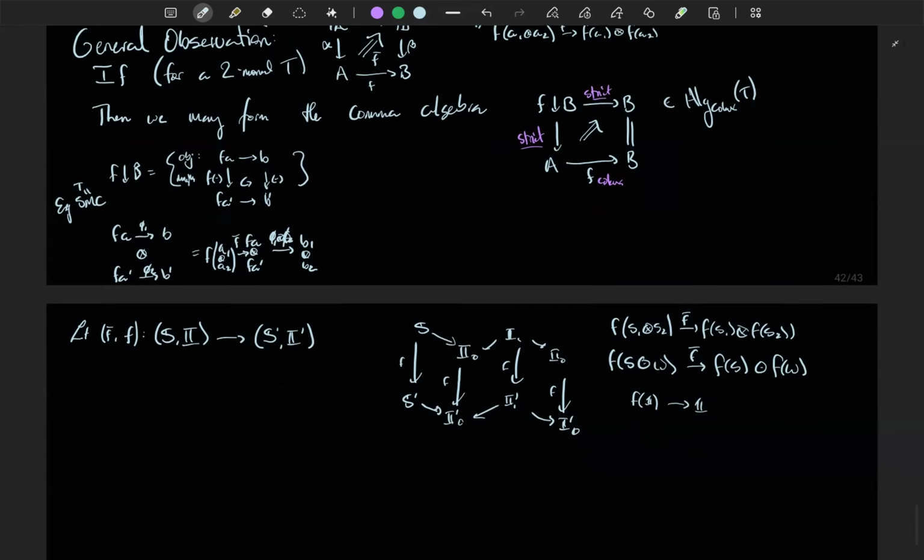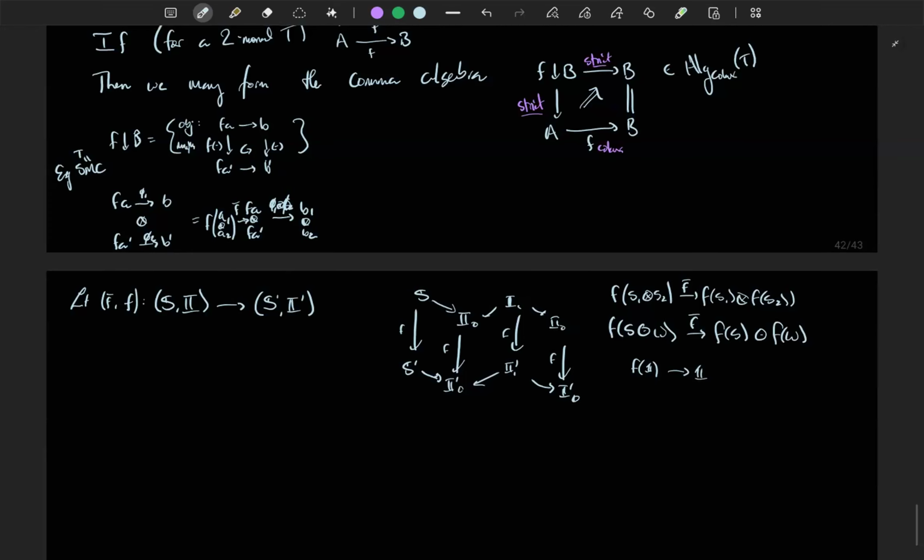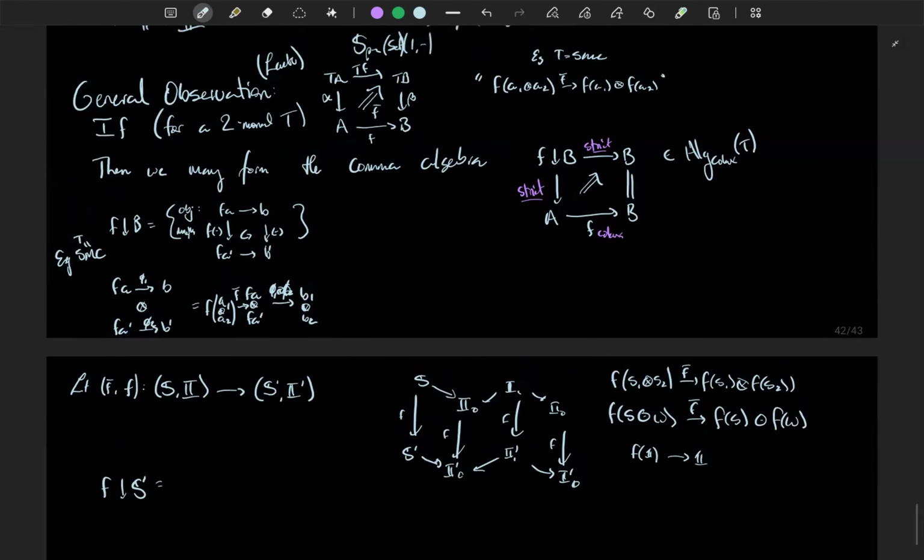Given all that, we can form the comma, which I'll still just call f down arrow s prime. The comma algebra's underlying object, its carrier, is the comma, and the comma is a certain two-categorical limit. In diagrams of categories, it can be constructed in Cat, in which case it is the actual comma category that I've written out here.